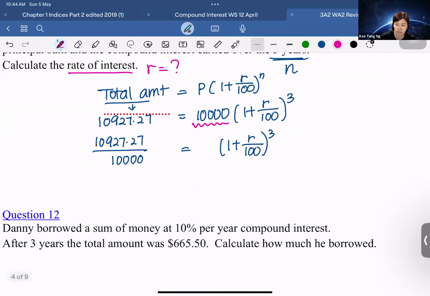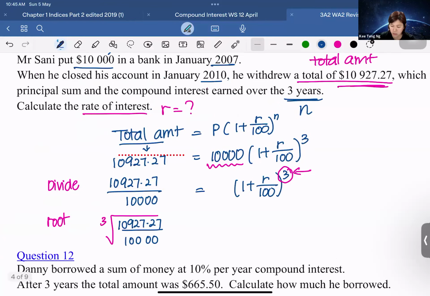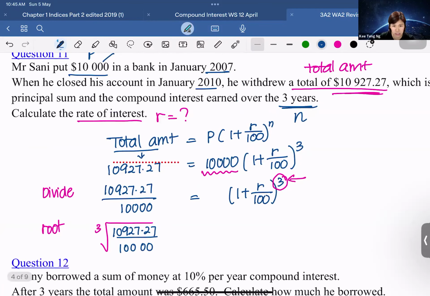Okay, so the first step, divide. Then next one, we want to get rid of the power here. This is cube, right? So we do the reverse, we opposite. Okay, root. We root, right, according to the question. So this will be cube root. We have cube root of whatever number. I'm lazy to calculate and then end up with a lot of decimal places that I need to press. So in this case, I'll just leave it like that first.